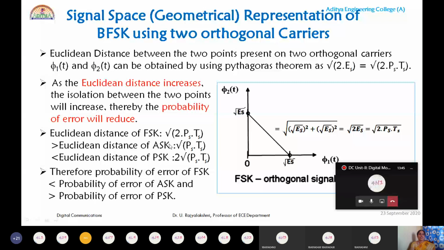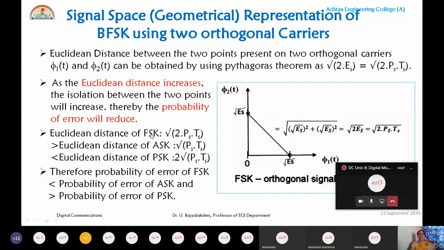Okay, if you want to compare the Euclidean distance of FSK with ASK and PSK, the Euclidean distance of FSK is less compared to PSK, because our PSK Euclidean distance is very high. That's why PSK probability of error is very less. Okay, but our Euclidean distance of FSK is greater than ASK.